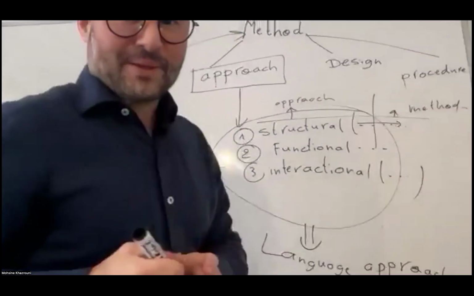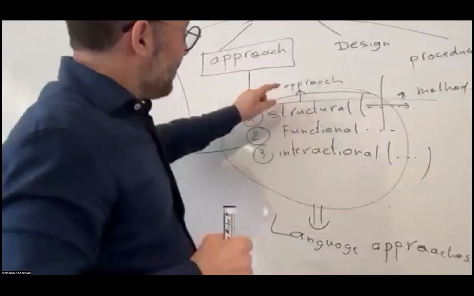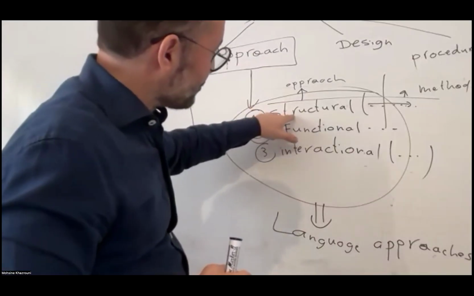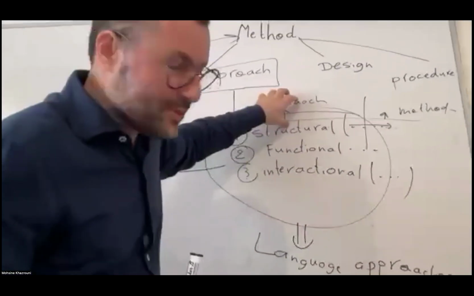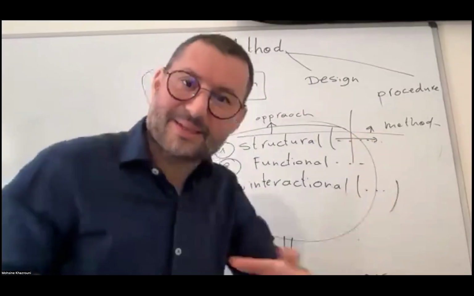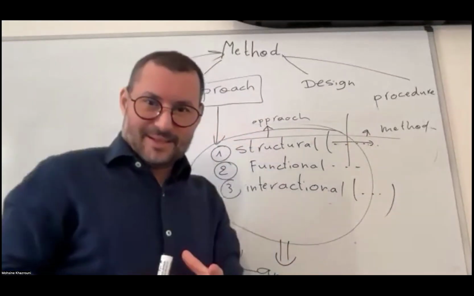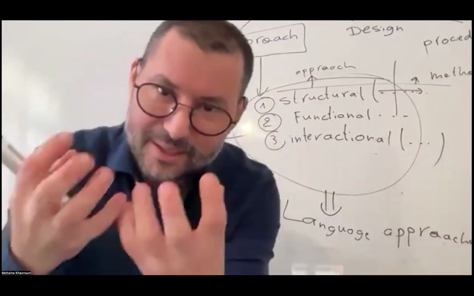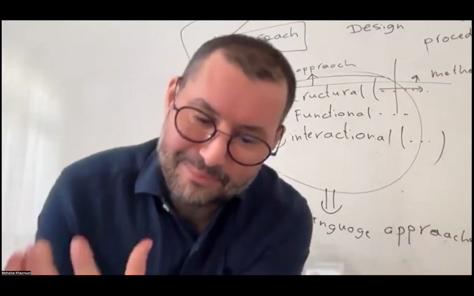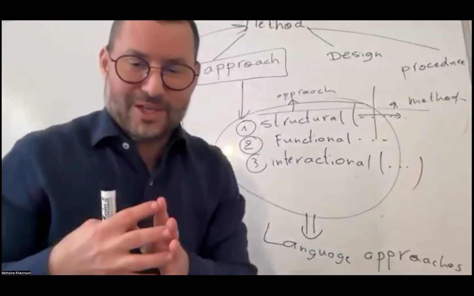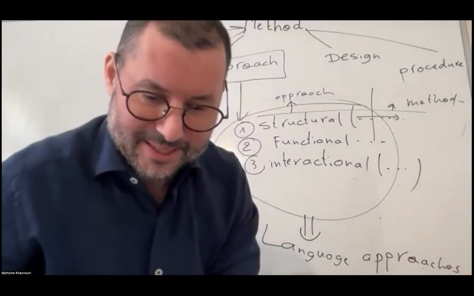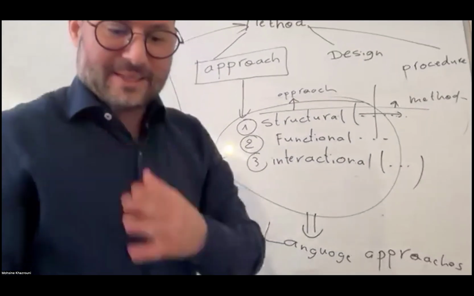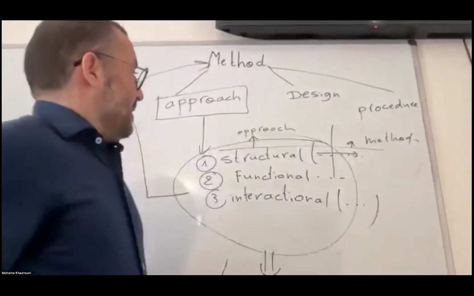Right, Yasmin? So the structural view of language is an approach. Audiolingual method is a method. And that's why we have here the audiolingual method embodies this particular view of language. It means it represents it. Yeah. All right? Okay.